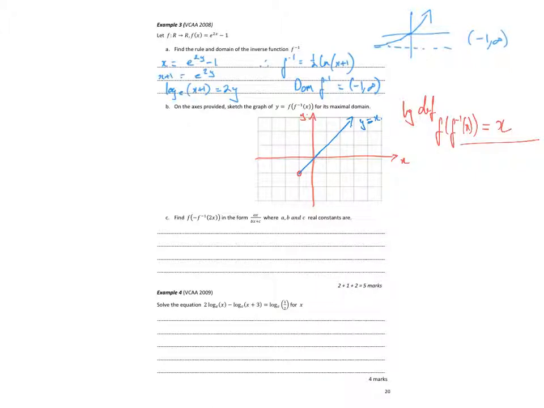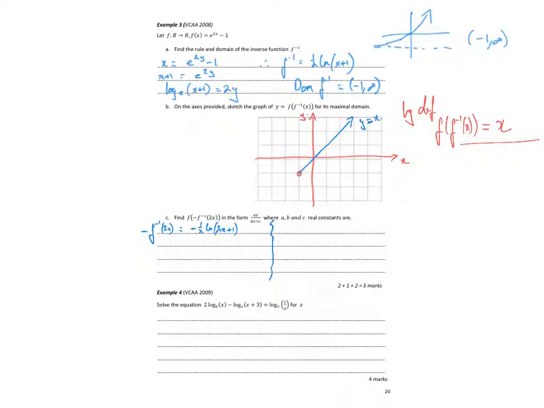Part C, what's that say? Find f of -f inverse of 2x in the form. It looks messy, doesn't it? Let's give ourselves some room. So what's f inverse? Well, let's do -f inverse of 2x first. So f inverse is up there. So -f inverse of 2x will equal -1/2 natural log of 2x plus 1.